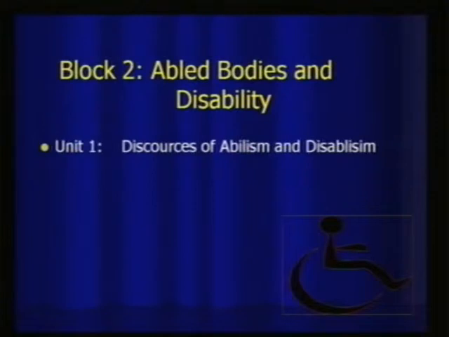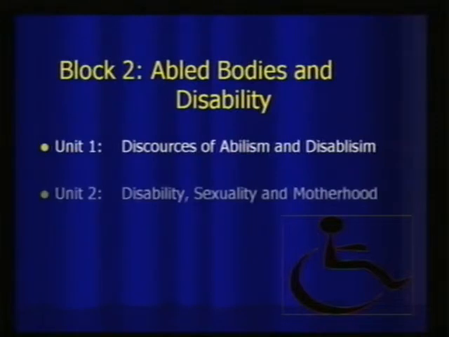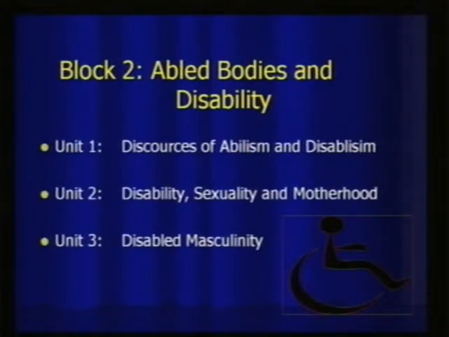Now we can move to the second block, which is on able bodies and disability. In this block you have 3 units. Unit 1 talks about discourses of ableism and disabilism. Here in this unit you will be introduced to various concepts and definitions of ableism and disabilism.